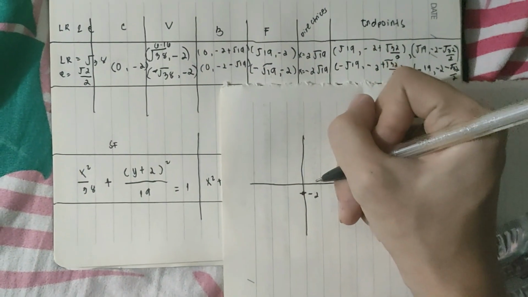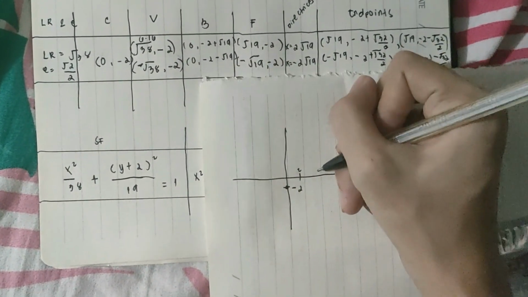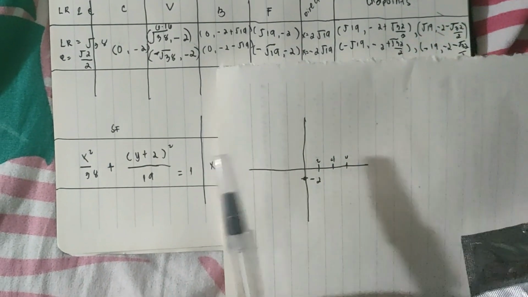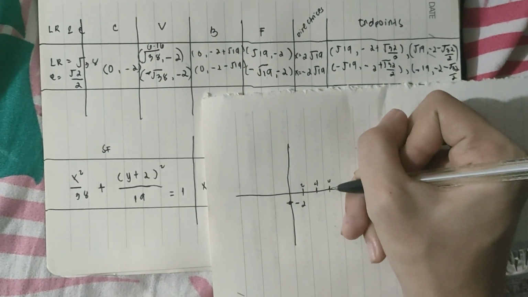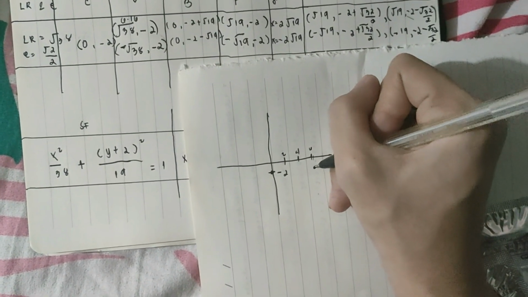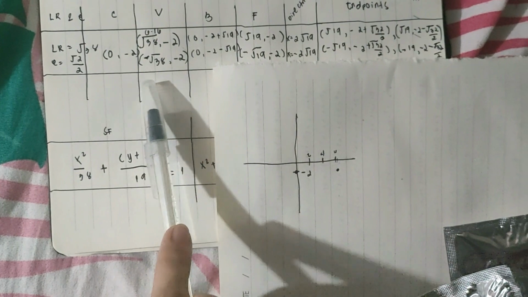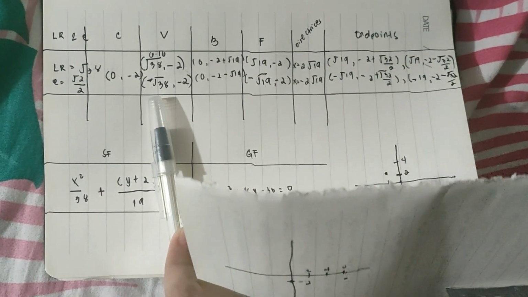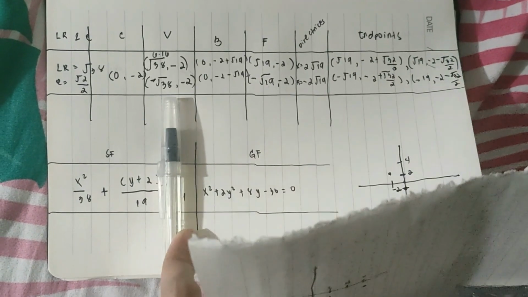So, nandito siya. 2, 4, 6. So, 6.16 and negative 2. Lagpasan lang ng konti and negative 2. And then, yung another vertices ay negative square root of 38 and negative 2.